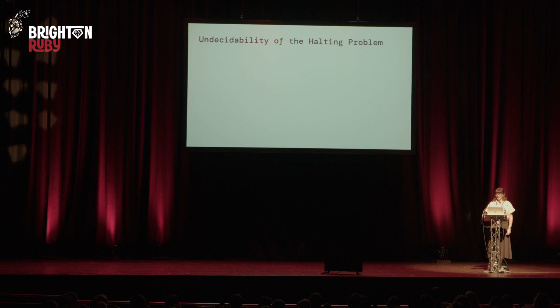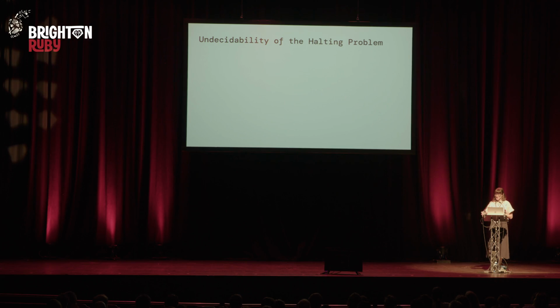So we can look quickly at an intuitive sketch of the halting problem undecidability proof that Turing presented in his paper. He did it using Turing machines, defining a formal mathematical proof. But since we know that Turing machines can solve the same problems that Ruby can, we are going to sketch the proof using Ruby.